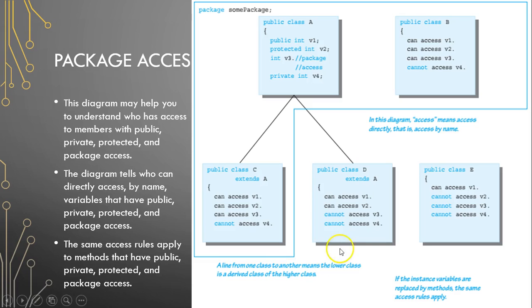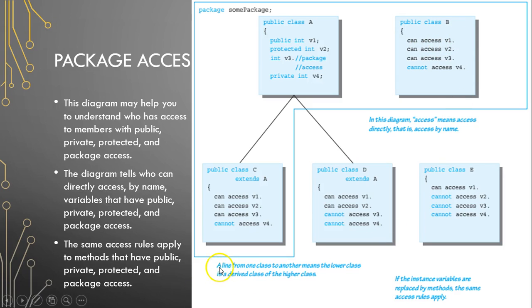Now, just some quick notes. You'll see that the diagram says access means access directly. That means access by name. For example, if this was public int variable 1, over here I might want to do a System.out.println of variable 1. That's what access means: I can use that variable.